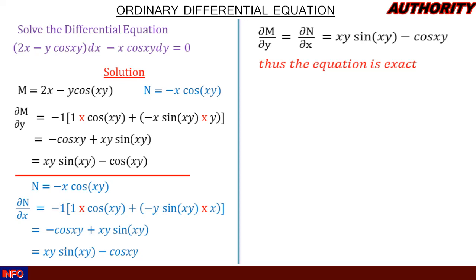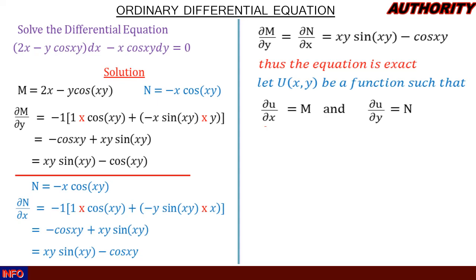Okay, so what is the method? Here we are going to say, let there be a function u of x and y such that when you differentiate this function u partially with respect to x, is going to give you m. And when you differentiate this same function u partially with respect to y, is going to give you n. So we are going to find this function u of x comma y.